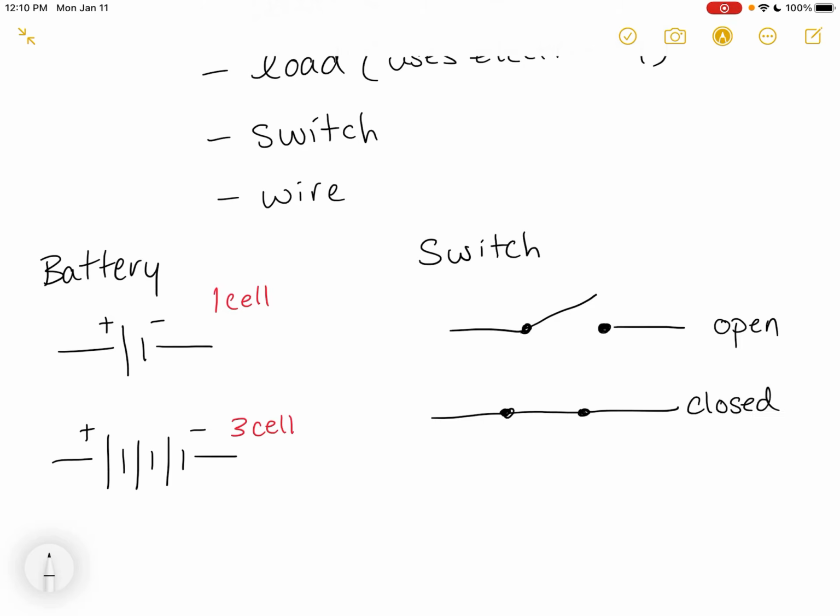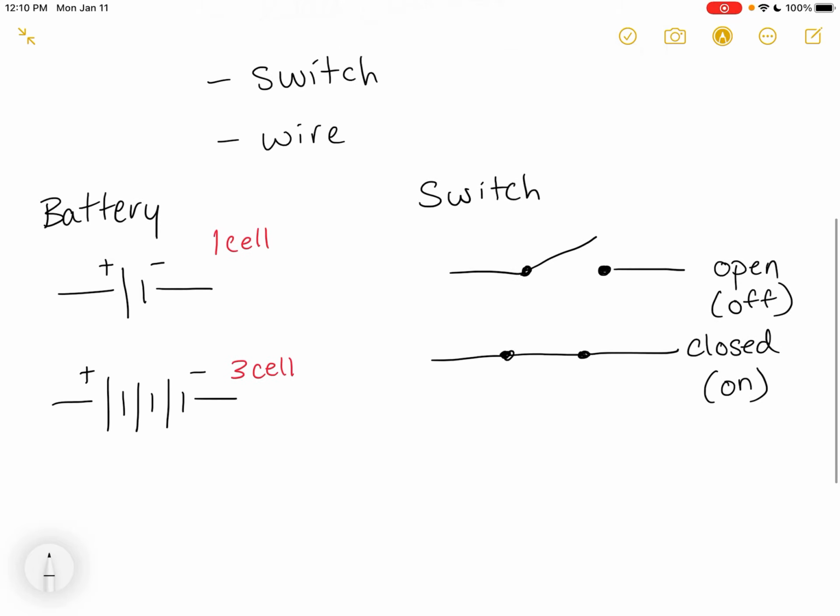So an open switch is not going to allow electricity to flow through it. Okay, and then a closed switch is going to be able to allow electricity to flow through it. So a closed switch is considered to be the on position, and an open switch is in the off position. Okay, so that's a switch.